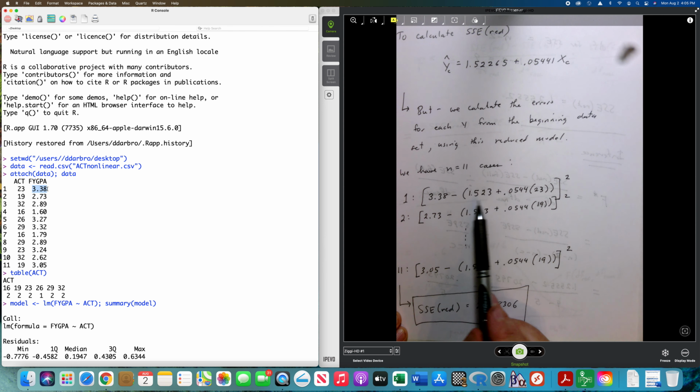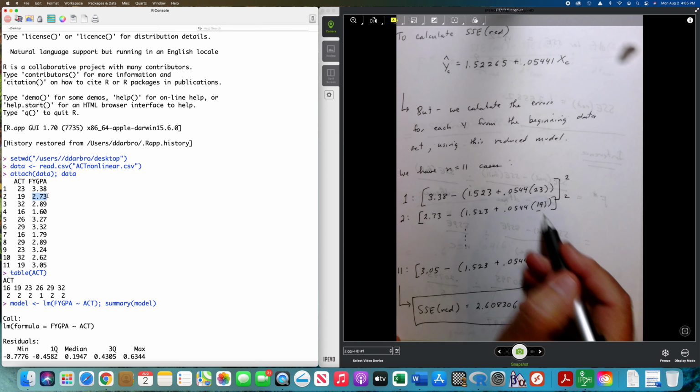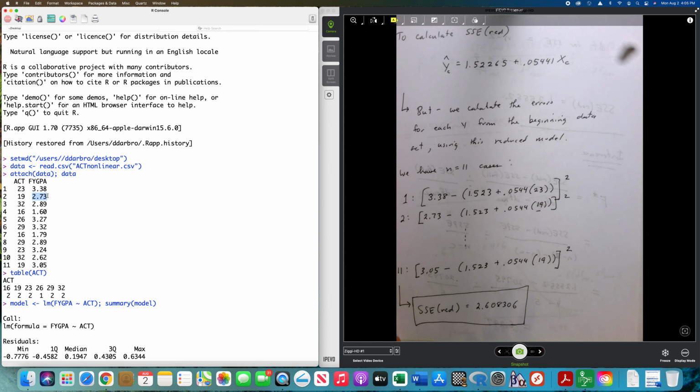So we can predict this value at ACT equal 23 by taking the observed minus the prediction squared. The second case, of course, has a y value of 2.73 at a level of 19. So again, we're predicting using this reduced model. And we do this for all 11 cases.